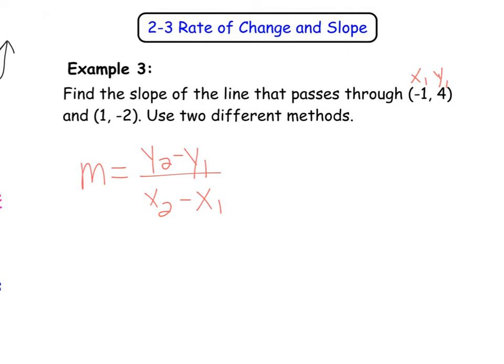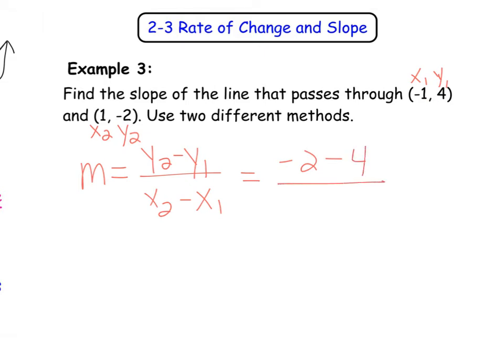Usually though, your x1, y1 is the one that comes first, so it's furthest left, which is this one, because we have an x value of -1. So my y2 is -2, minus my y1, which is 4.